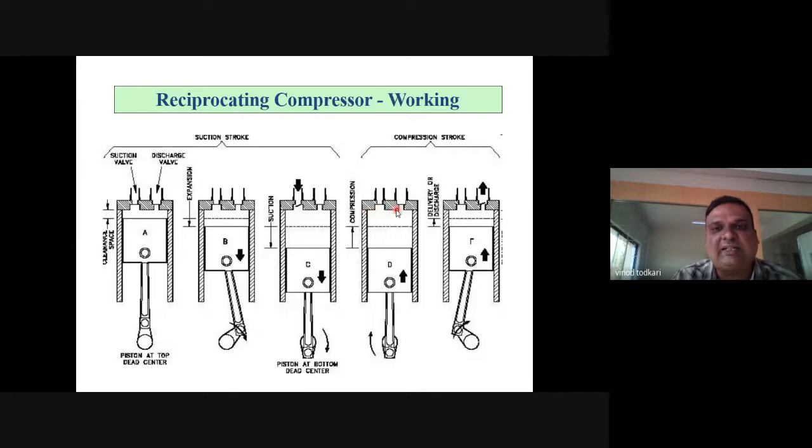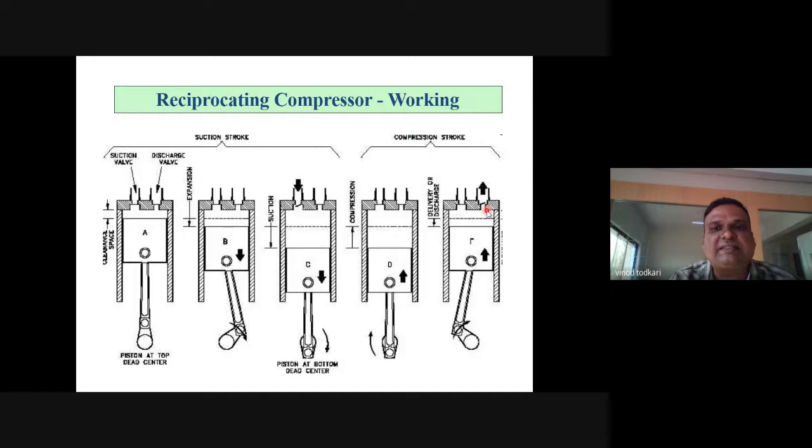Now see, at the end of the compression stroke, when the piston is at TDC, the discharge valve is opened, and this compressed air, that is high pressure air, is taken to the discharge pipe.